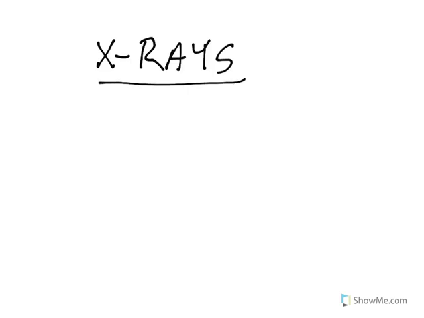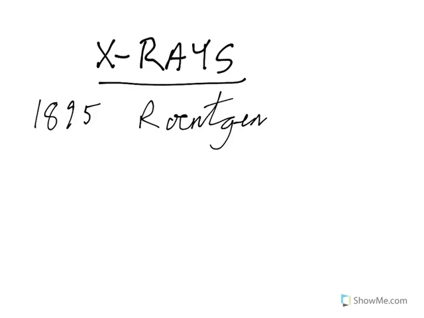In your notes it says 1895, a man named Wilhelm Conrad Röntgen was studying newly discovered cathode rays.